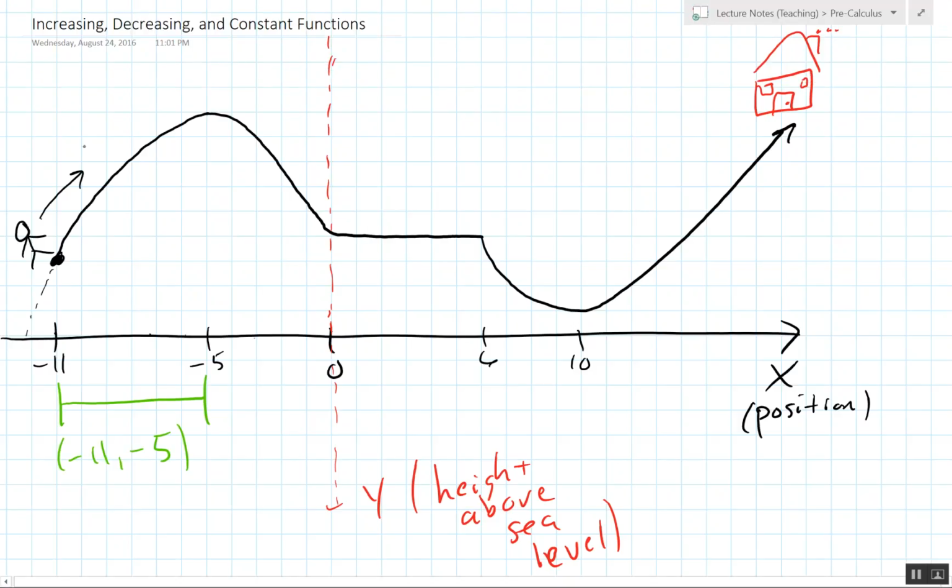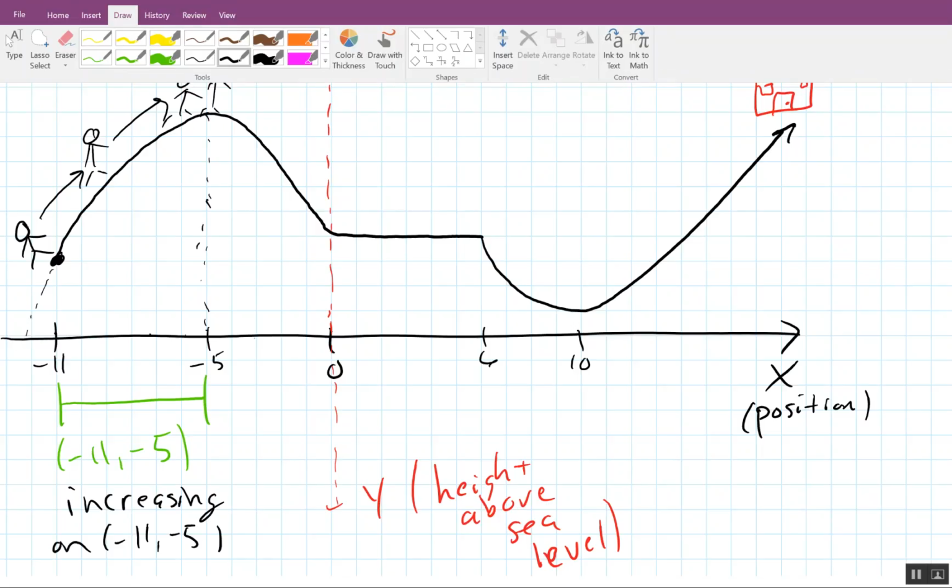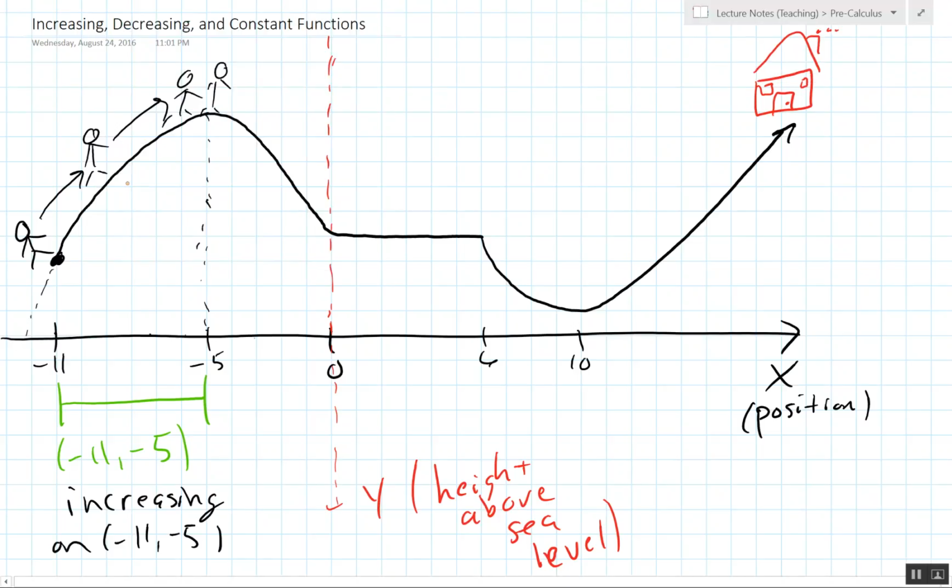Well, this person is getting higher and higher, all the way up to the top of the hill at x equals -5, and so we say that we are increasing on -11 to -5.